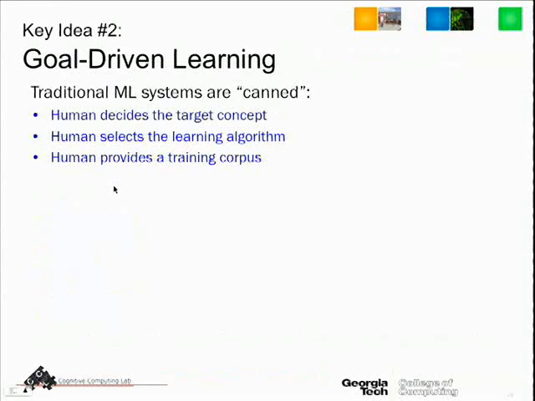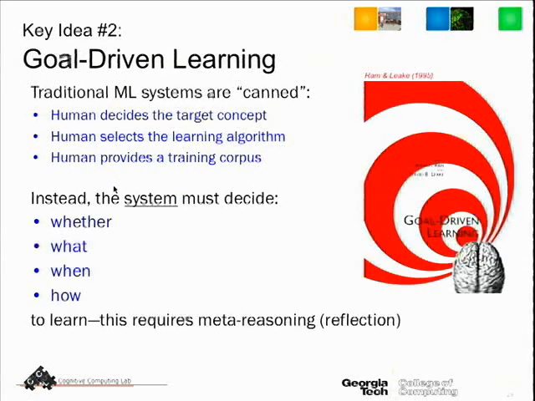Second theme is goal-driven learning. Going back to traditional machine learning systems, the human researcher or the application engineer decides what the system needs to learn, what algorithms to use, what training data to provide it, and the system sort of crunches the numbers for you. The goal-driven learning idea is that the system itself has to decide for itself what it needs to learn, even whether it should learn.